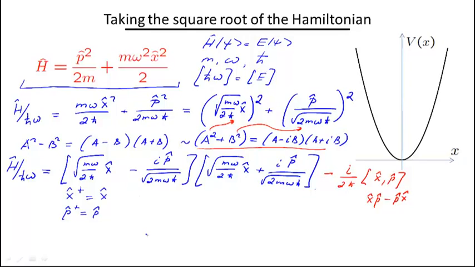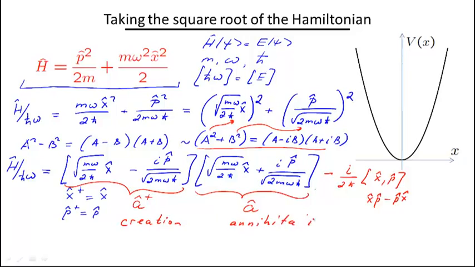Based on this fact, let me introduce a new operator. So we'll just call the second bracket an operator A, and the first bracket is going to be Hermitian conjugate to it, therefore A dagger. And going a bit ahead of myself, let me mention that these operators A dagger and A are called creation and annihilation operators.